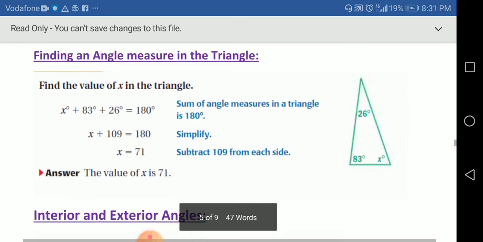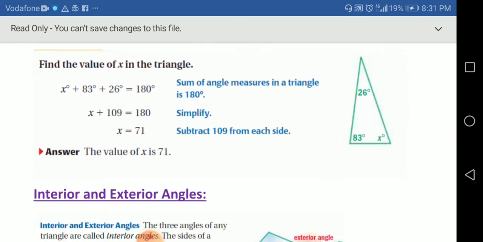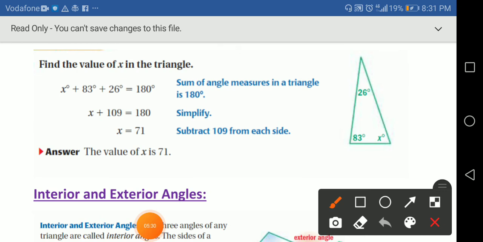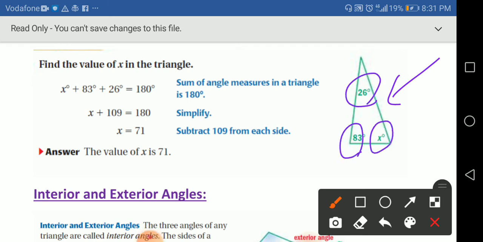So here, finding an angle measure in the triangle, let's have some questions. We are mixing now algebra with geometry. This is 26, this is 83, and he asks me for x.